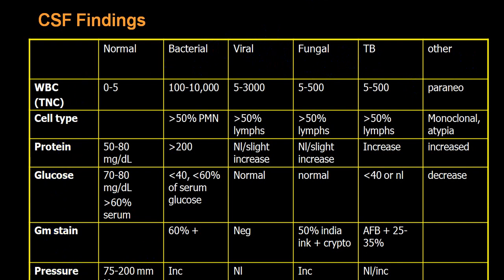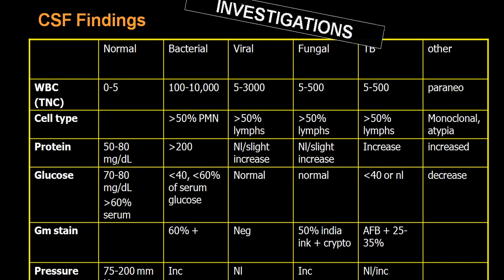pressure studies, etc. When you do a lumbar puncture and try to collect CSF, the pressure at that time is called the opening pressure, and that can help you a good number of times.